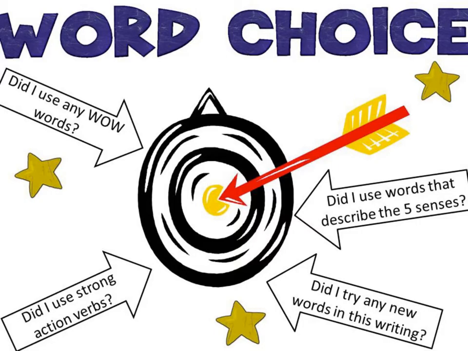So let's start with reviewing word choice. When authors use good word choice, they are showing you what's happening instead of just telling you what's happening. So then you can get that visual in your mind and see what's happening in the text. What things you need to look for when an author uses good word choice is, first of all, strong verbs.